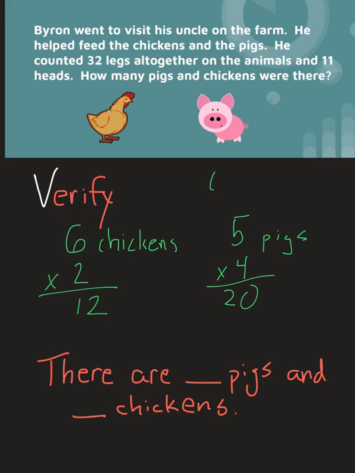We know that 6 plus 5 gives us 11 animals total. And 12 plus 20 gives us 32 legs. So now we go to our solution statement. There are 5 pigs and 6 chickens.